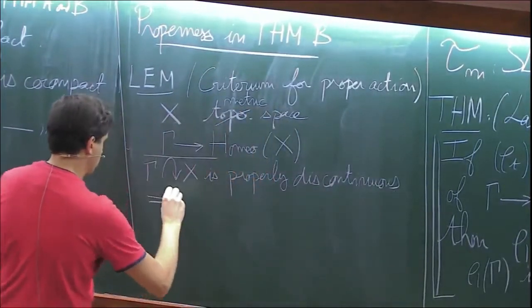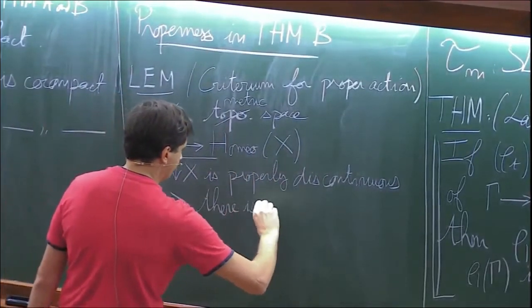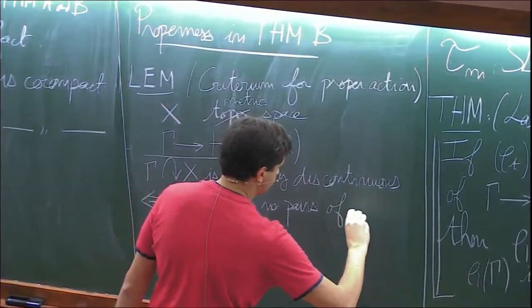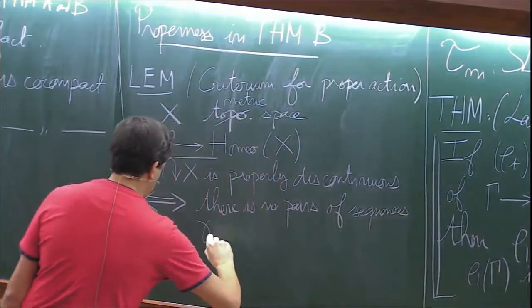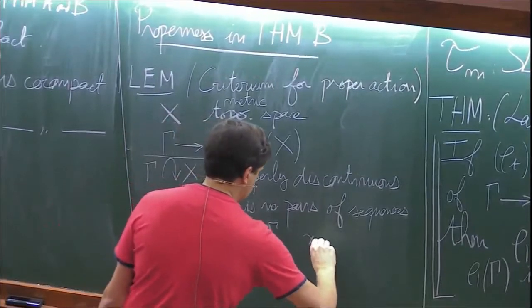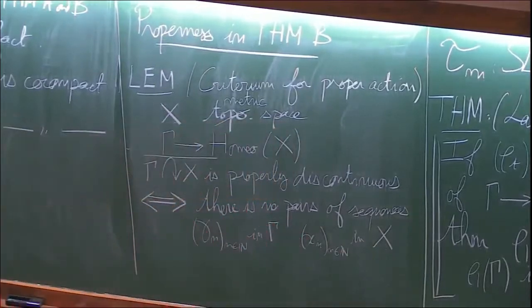So the following happens: there are no pairs of sequences, gamma n in gamma and xn in X, such that the sequences xn and gamma n xn converge in X, and the sequence gamma n diverges in gamma.